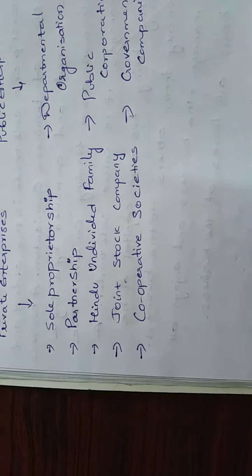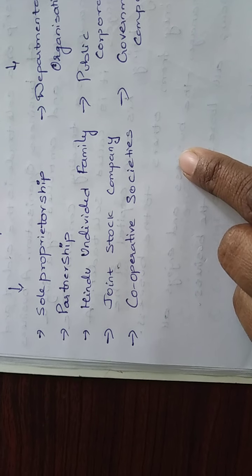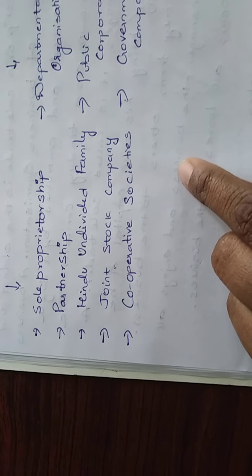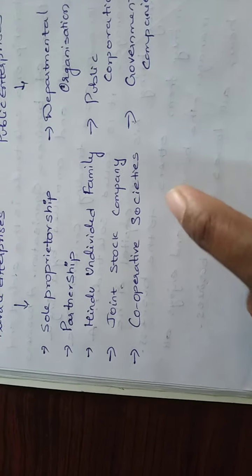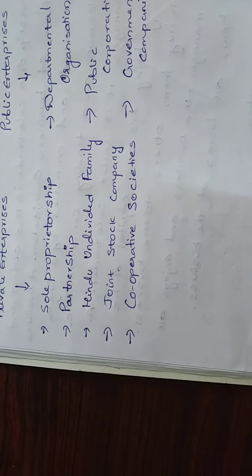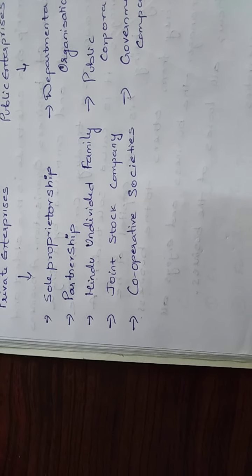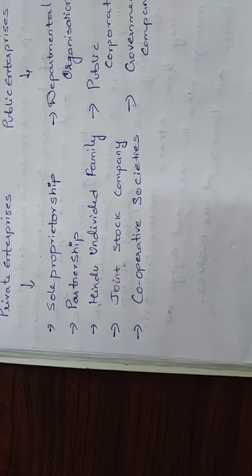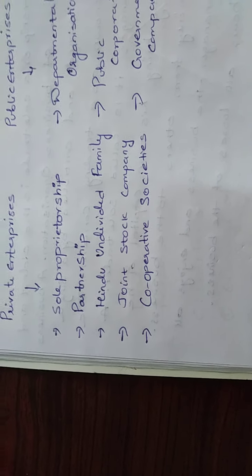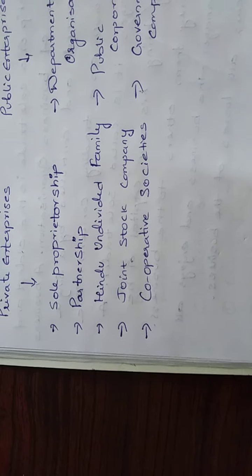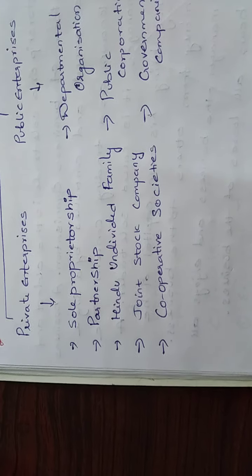Next, joint stock company. A joint stock company is an artificial company. A company is an association of many persons who contribute money in the form of shares; the persons take shares in that company.